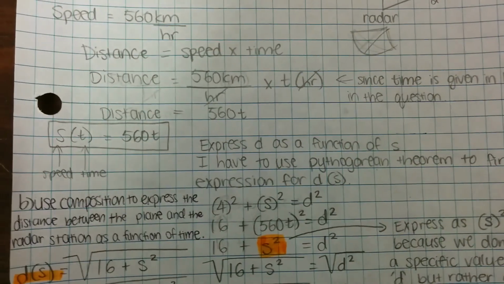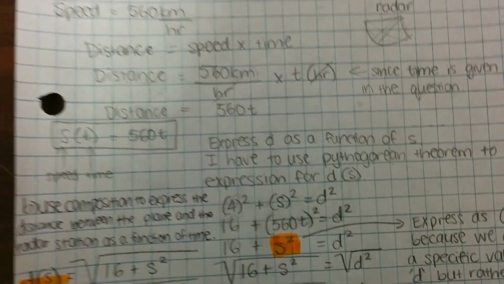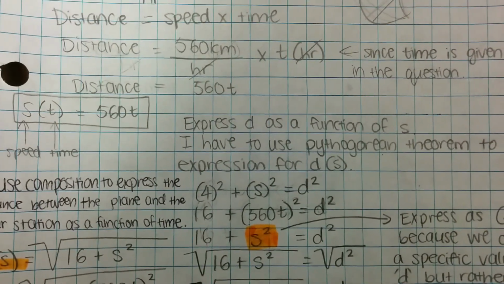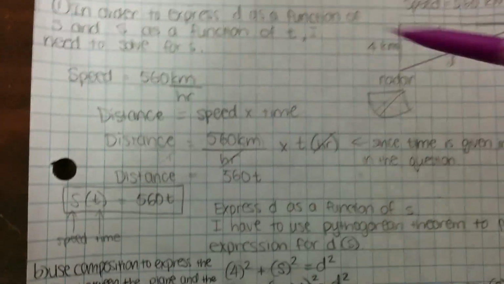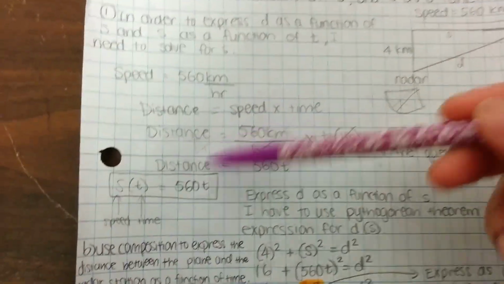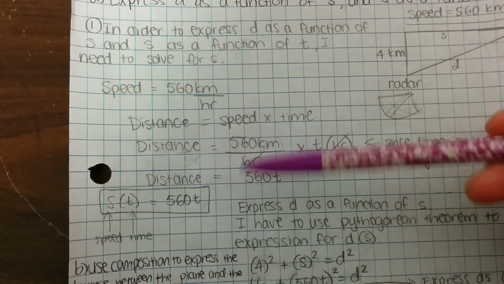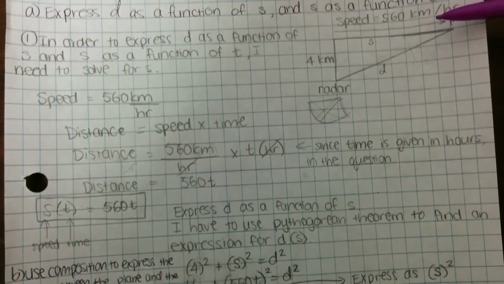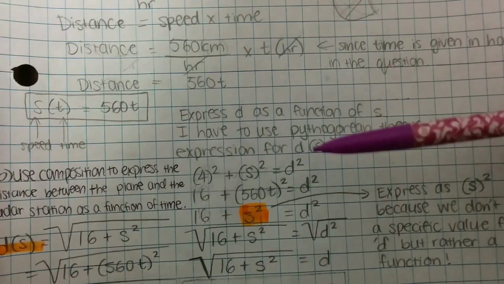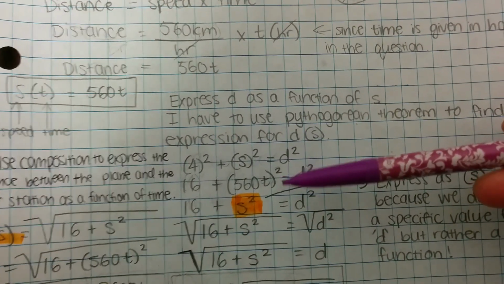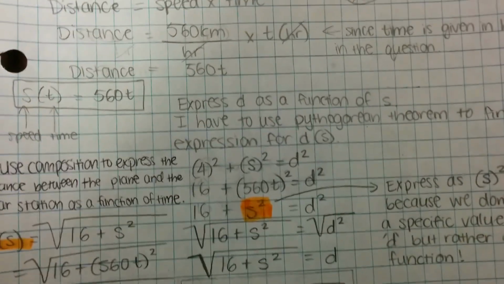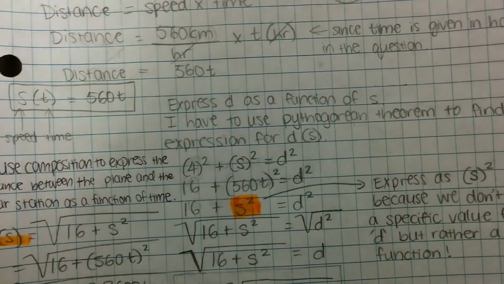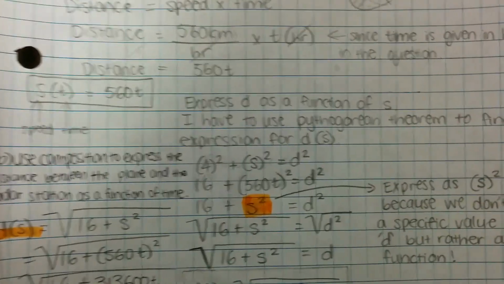Okay, so since we're finding an expression for d, I did 16 plus s squared. Although s of t is equal to 560t, which gave us the horizontal distance, I expressed it just as s squared because we're not finding a specific value for d.